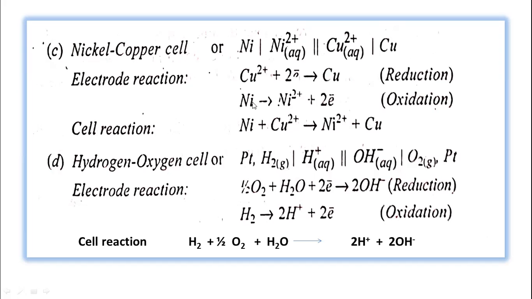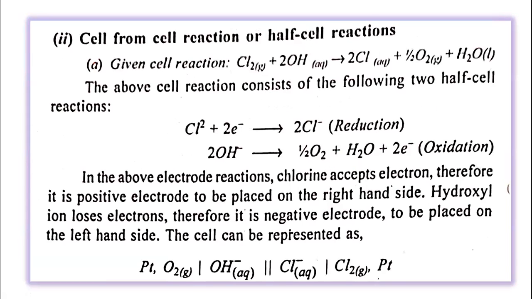So nickel reacts with copper 2 plus ion, forming nickel 2 plus ion and copper metal. This is the net cell reaction of the nickel copper cell. In this way we can write the cell reaction from the galvanic cell.